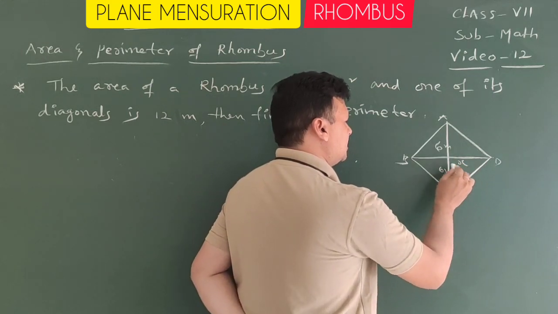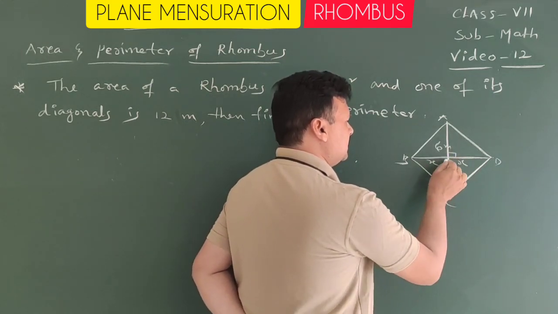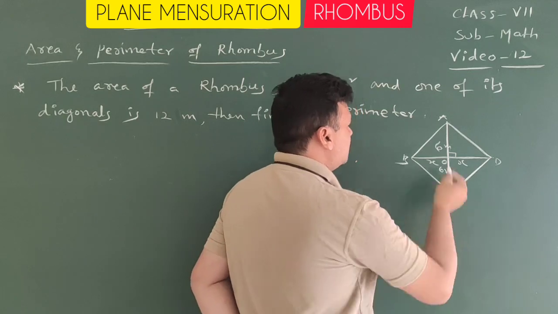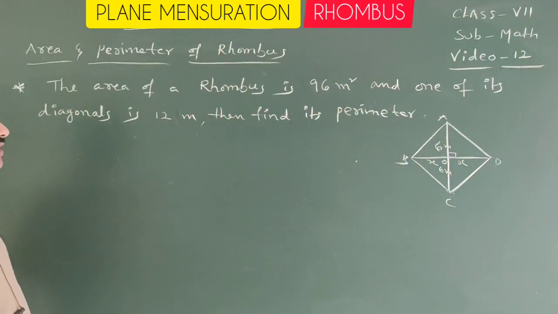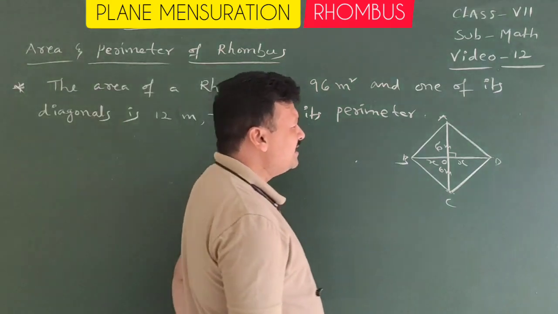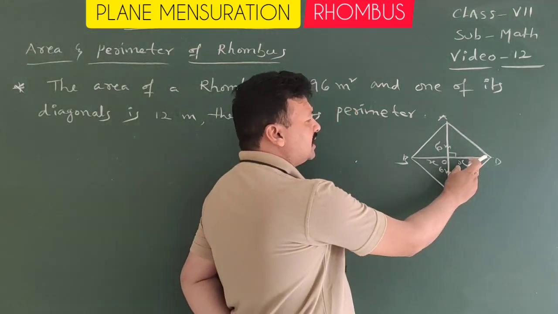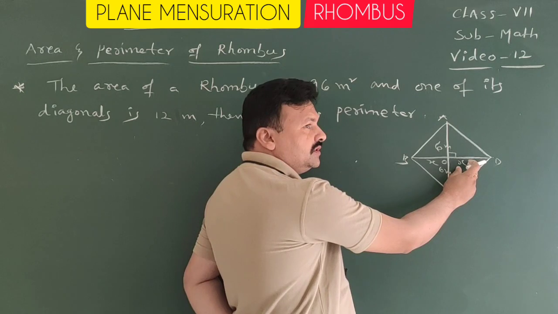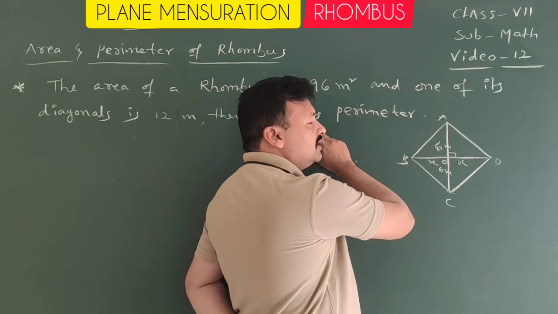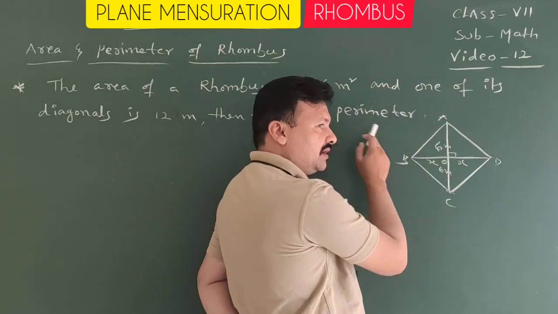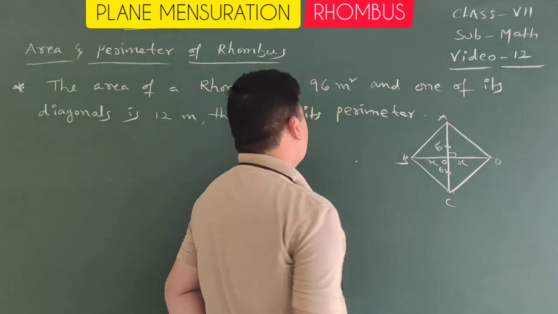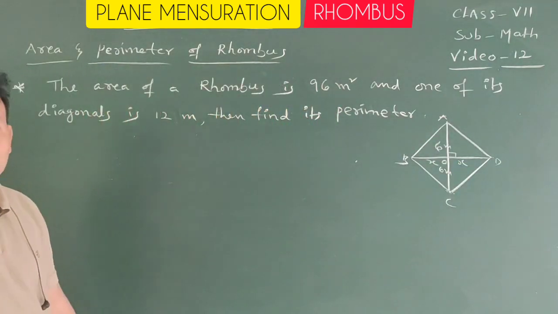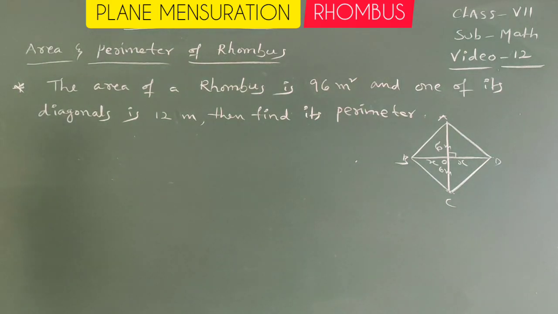We don't know the other diagonal, that will be x. Here area they give and the diagonal they give. We require perimeter. For finding perimeter, we require the other diagonal length also. Already area and one of the diagonals is given, we can easily find the other diagonal. After finding the other diagonal, we can easily find its perimeter.